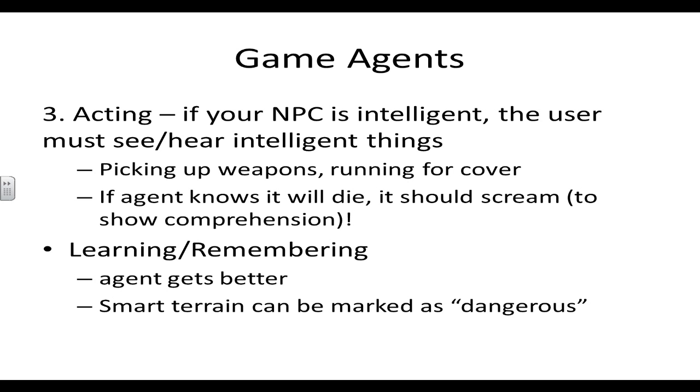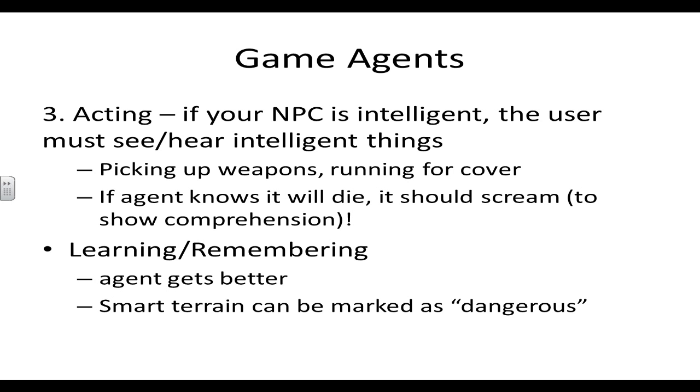Third thing is acting. So if you have an intelligent NPC, the user has to see and hear intelligent things. Now, there's very subtle things that you can do that are not directly AI. But, for example, if the agent knows it's going to die, you just shot him in the leg or something like that, it doesn't really matter. What would you expect to happen if that really occurred in real life? You would scream.